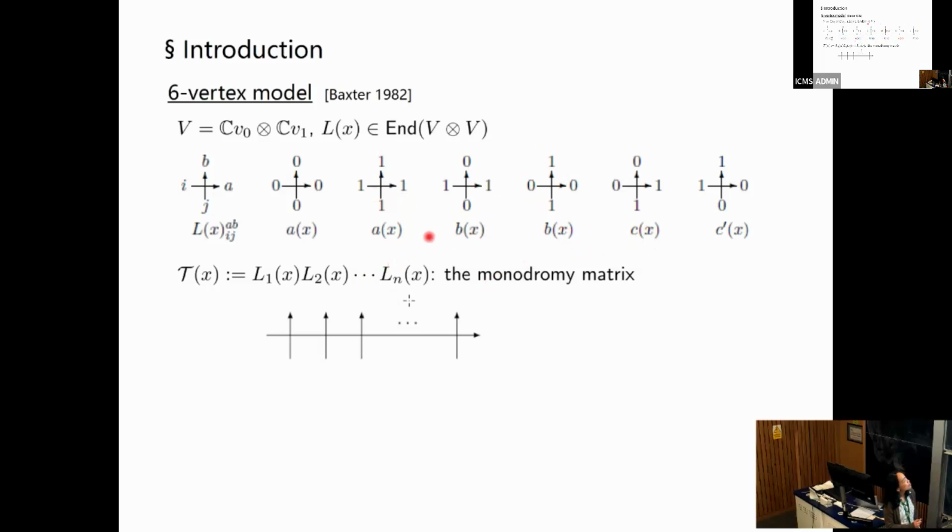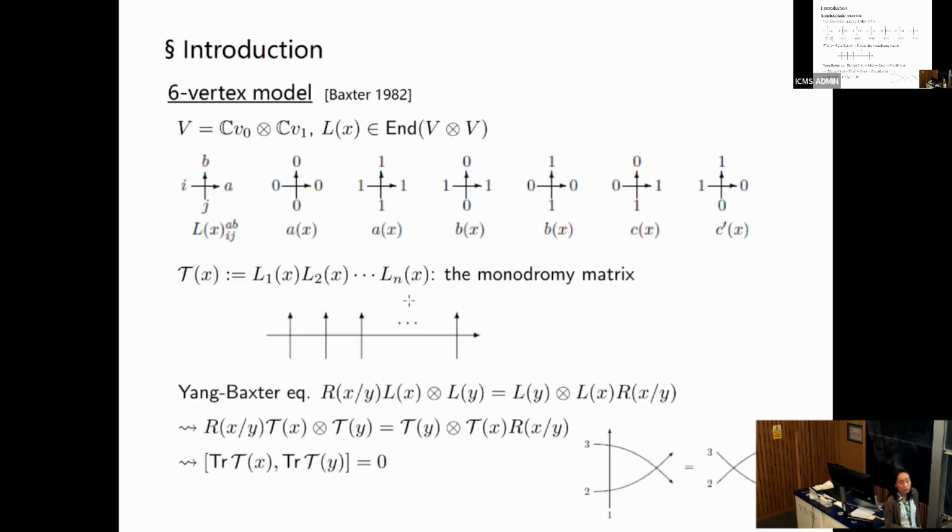To get the integrability for this system, we define the monodromy matrix. It's like this. And the Yang-Baxter equation is the most important thing, as you know. This is RLL = LLR, depicted like this.